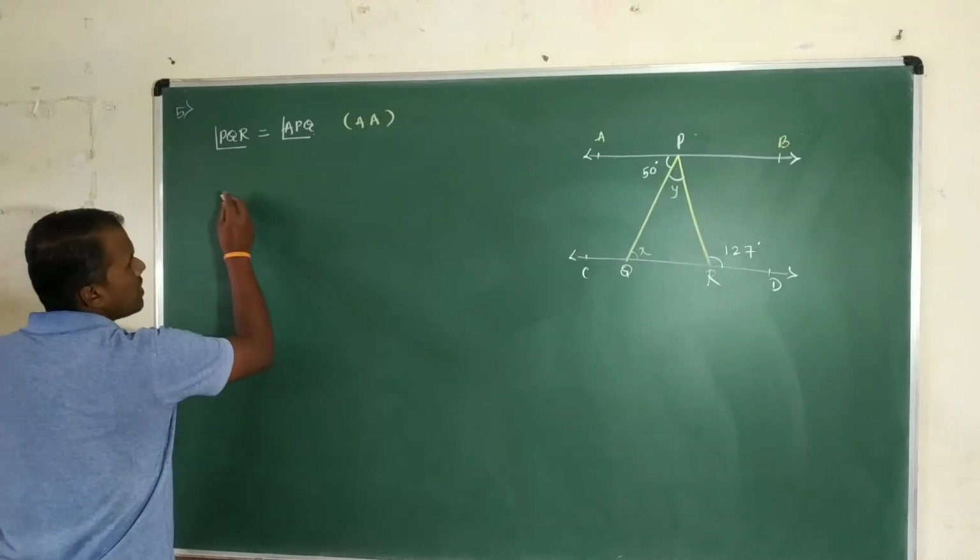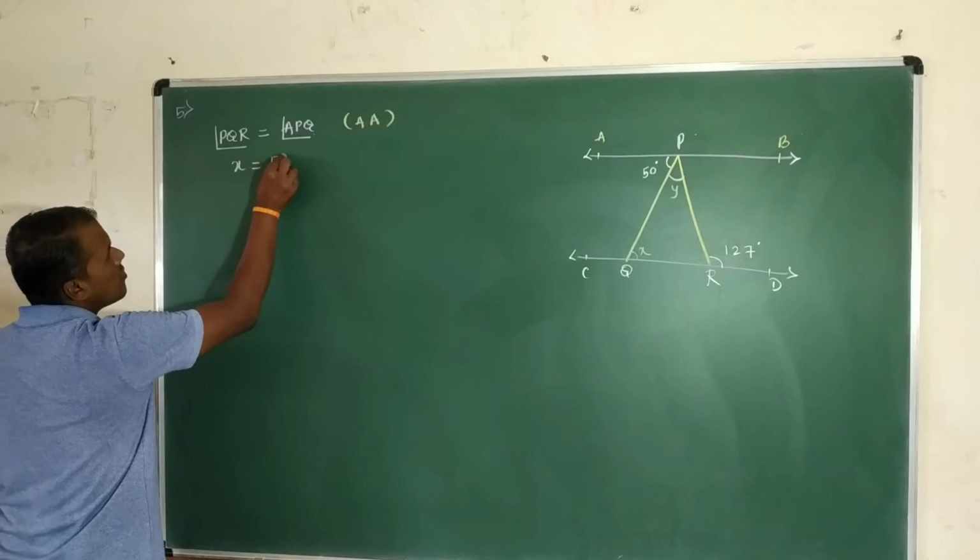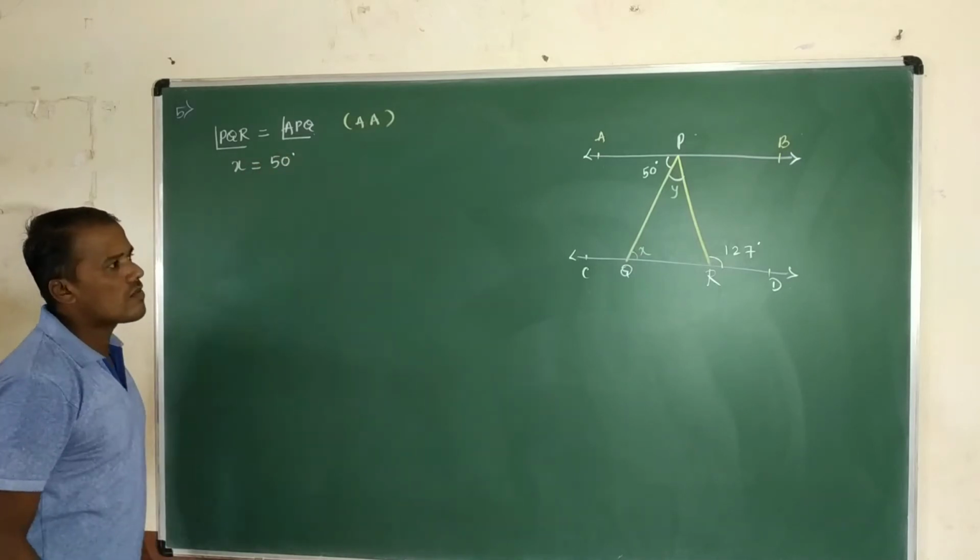Therefore PQR is equal to X, which is equal to 50 degrees. Now X is found out.